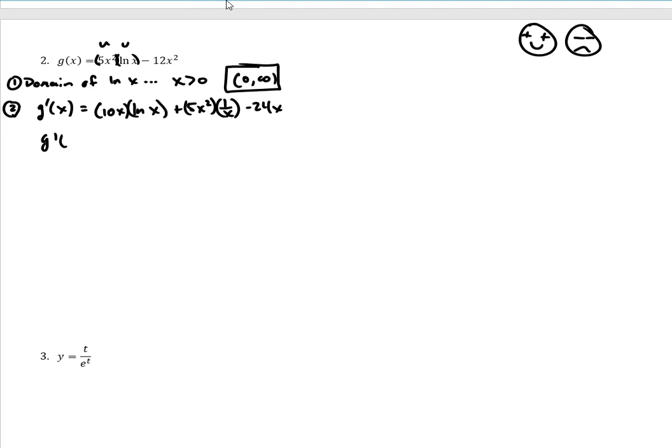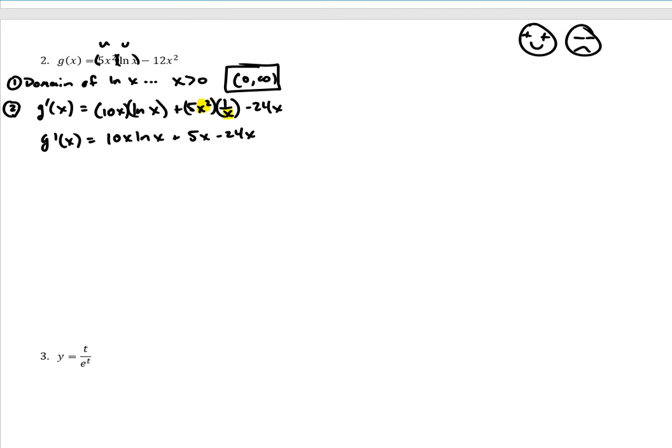All right, and then let's continue simplifying. So g prime of x is 10x natural log of x. This simplifies, so the x squared and the x reduce to just being x. So this would be plus 5x, and then we have minus 24x.